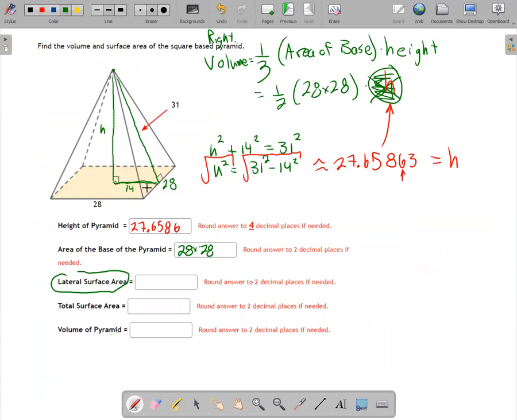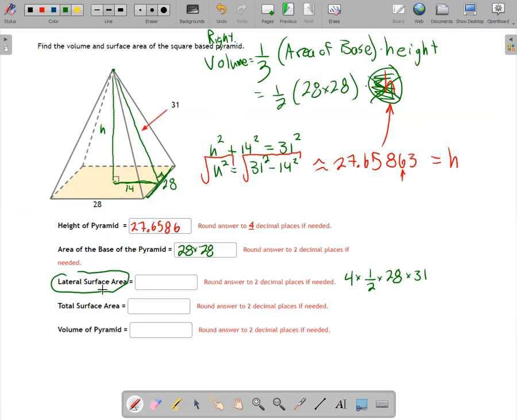Because this is a square and it's a right pyramid, we have 4 identical triangular faces. A triangle has an area of 1/2 base times height, and they all have a base of 28 and a height, which is this lateral length 31, because that is perpendicular to the 28 base. So that's the height of the lateral side there. So 4 triangles, each with an area of 1/2 times 28 times 31. That calculation is the lateral surface area.